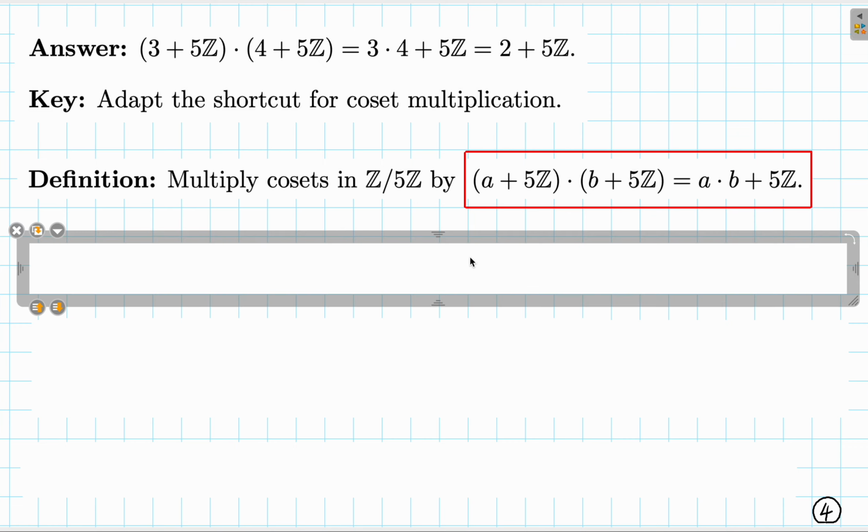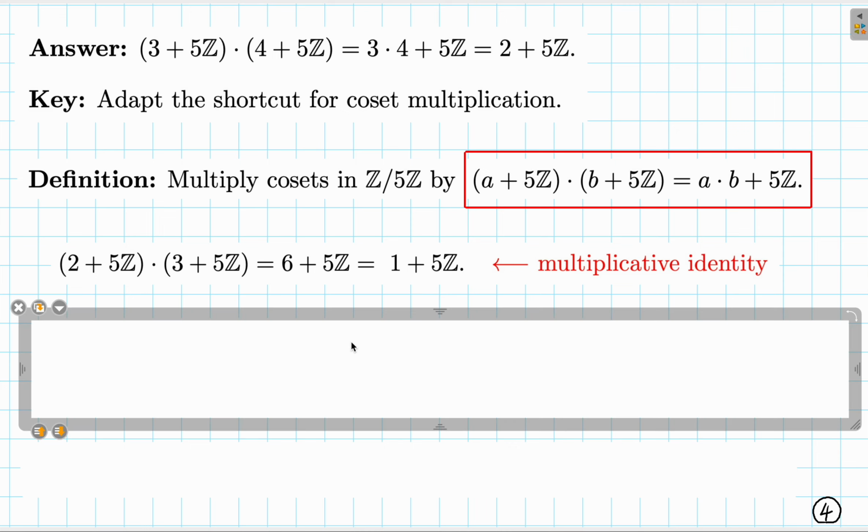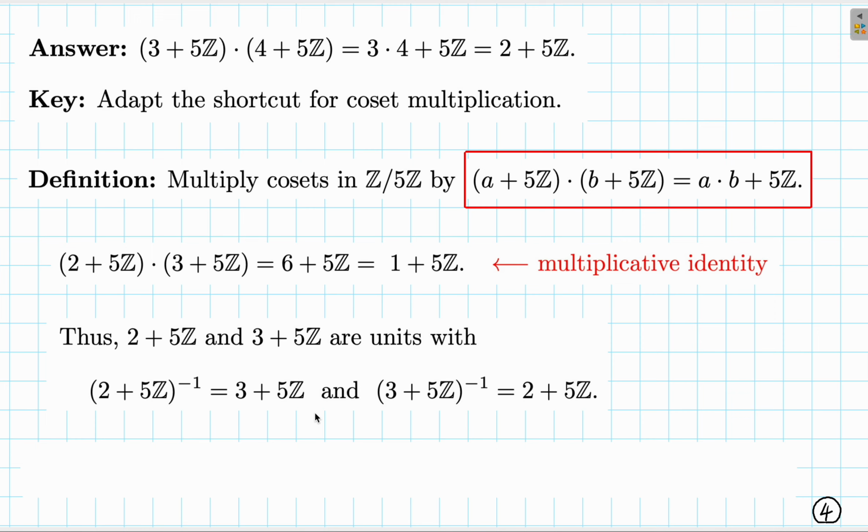Here is another example of coset multiplication. 2 plus 5Z times 3 plus 5Z equals 6 plus 5Z, which reduces to 1 plus 5Z. Now, 1 plus 5Z is the multiplicative identity of Z mod 5Z. And therefore, 2 plus 5Z and 3 plus 5Z, which multiply together to be 1 plus 5Z, are multiplicative inverses of each other, and hence they are units.